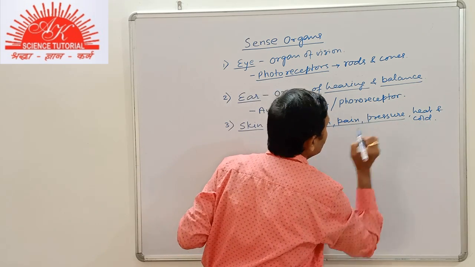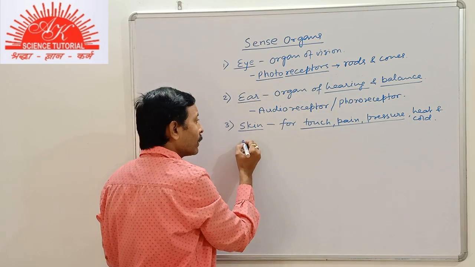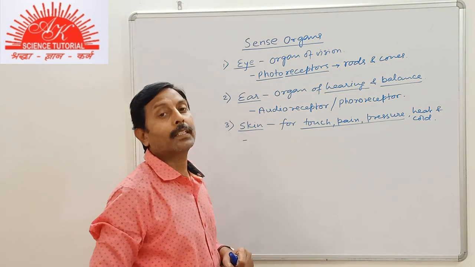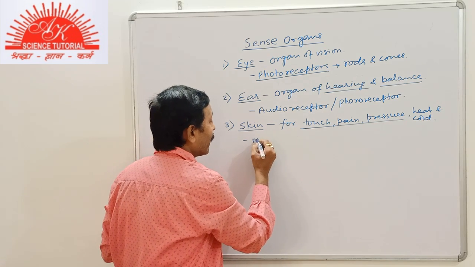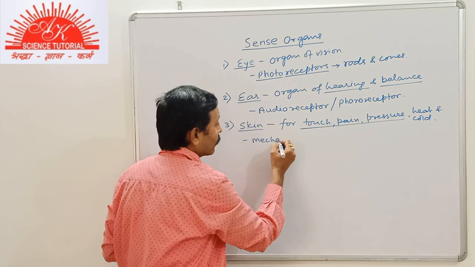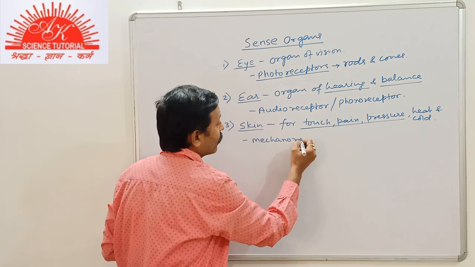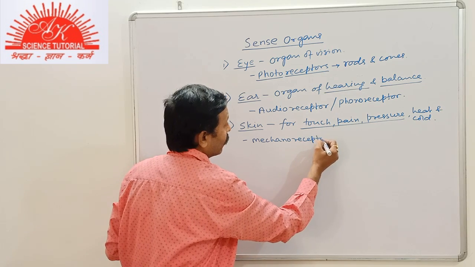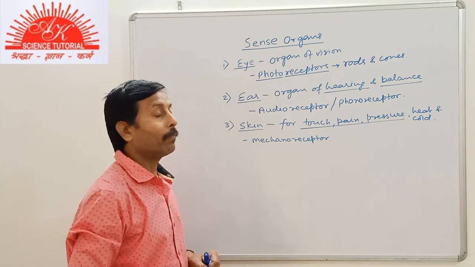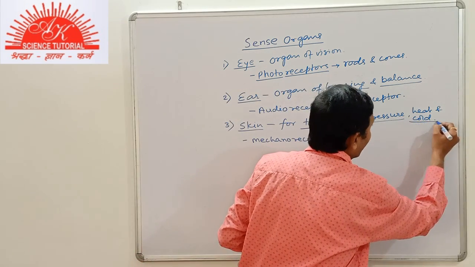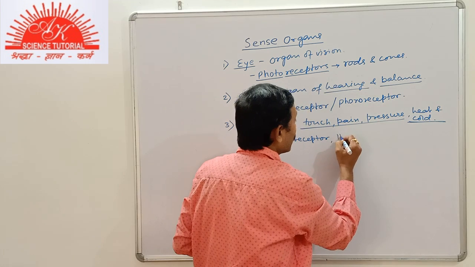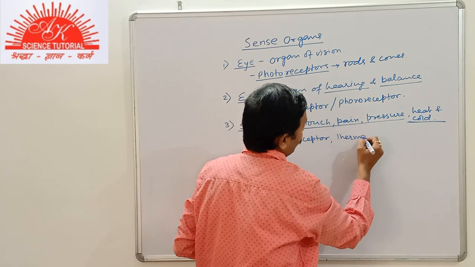Now, for these 3, there is one type of sensory cell in the layer of skin called mechanoreceptor. And for this part, there is thermoreceptor.